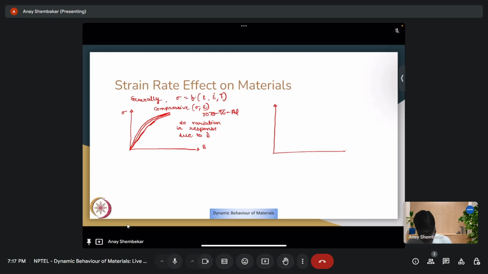Next up, if we look at a different material now, which is titanium 6 aluminum 4 vanadium, it's an alloy. Again, compressive stress strain curve.